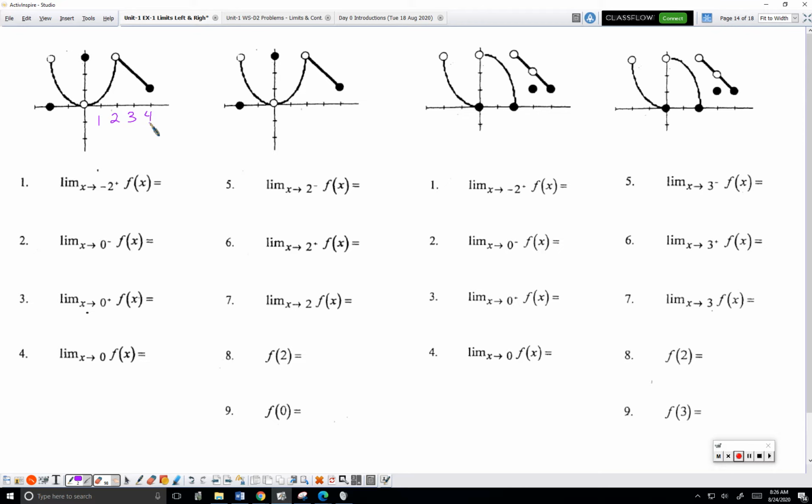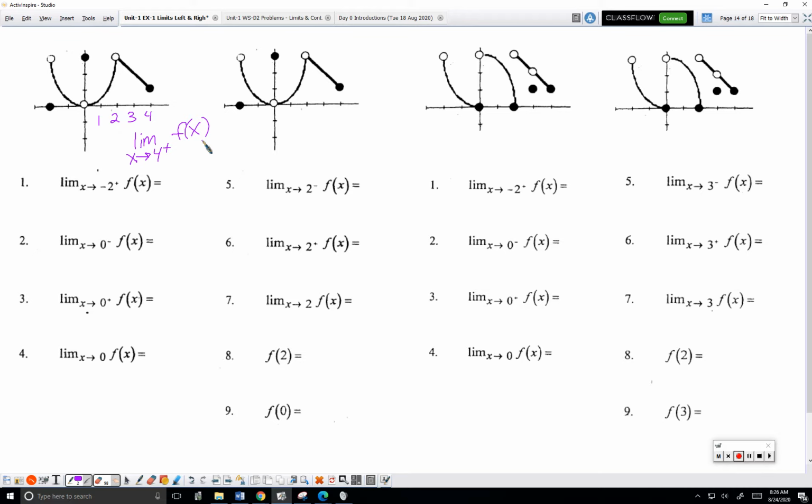If they were asking me to find the limit as x approaches 4 from the right, I am thinking, well, I've got to find a dot whose x-coordinate is infinitesimally more than 4.